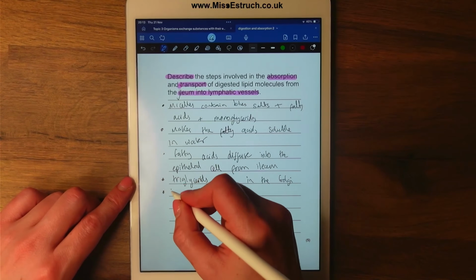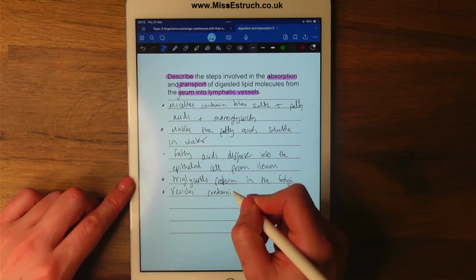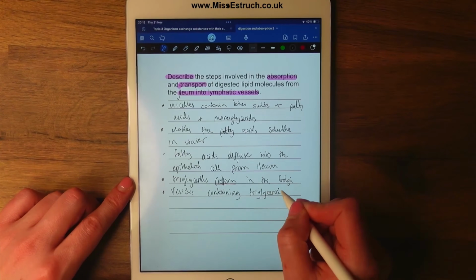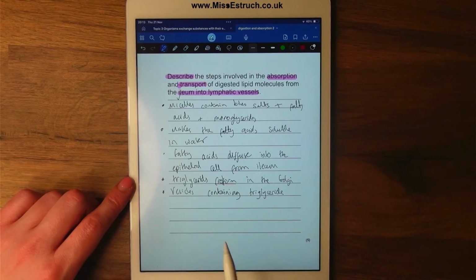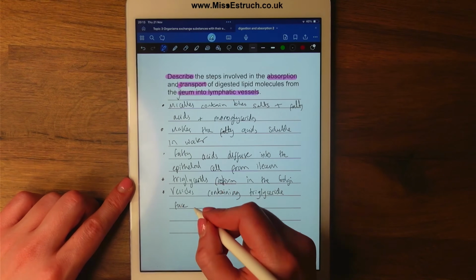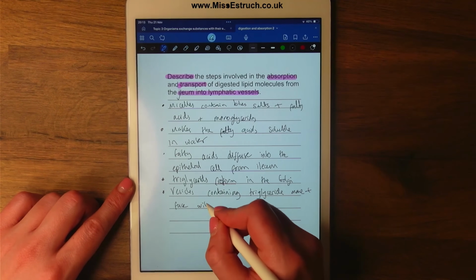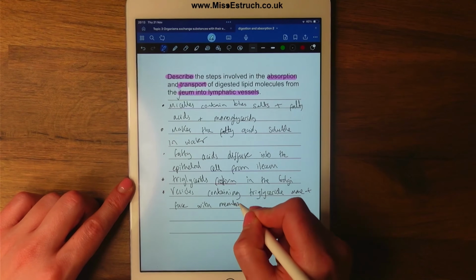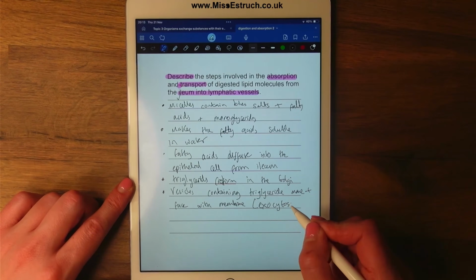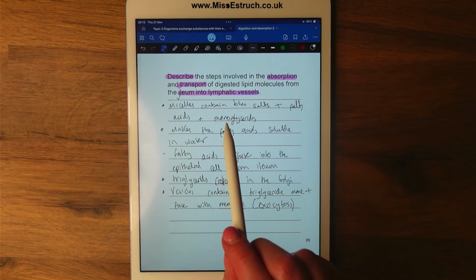And then vesicles containing the triglyceride, or it could be a chylomicron, but I'm just going to stick to triglyceride here, fuse with membrane. I'm actually going to say move and fuse with membrane, which I'm going to just put in brackets, exocytosis.